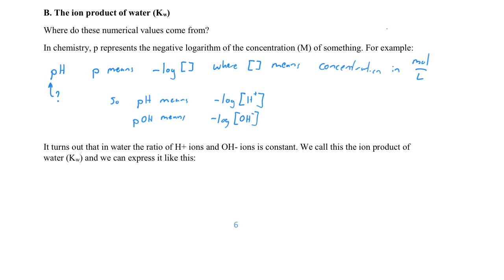Because we're working on the logarithmic scale, a difference in pH from 4 to pH 5 means you have 10 times more acidity at pH 4 than at 5. If you go from 3 to 5, pH 3 is 100 times more acidic than pH 5. And if you go from pH 2 to pH 5, it's 1,000 times. That's because we're using the base 10 logarithmic scale.